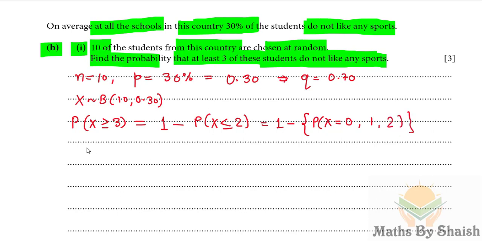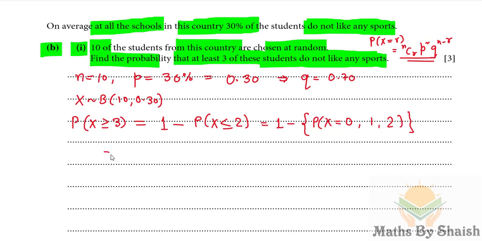So we know for binomial distribution the probability of X equals R is NCR P to the power R and Q to the power N minus R. So we are going to use this formula here.